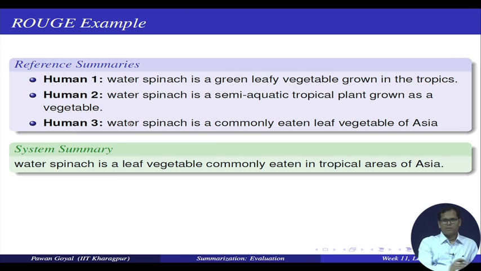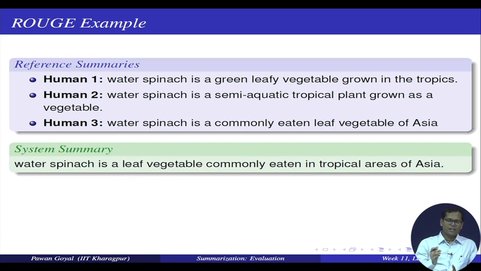The bigrams will be 1 less than the number of words, because I can take bigrams like what is, is spinach, spinach is, and so on. So the number of words are 1, 2, 3, 4, 5, 6, 7, 8, 9, 10. So there are 9 bigrams in the third summary. Similarly here there are 11 words, so 10 bigrams, and here also 11 words, 10 bigrams. So my denominator here is 29.